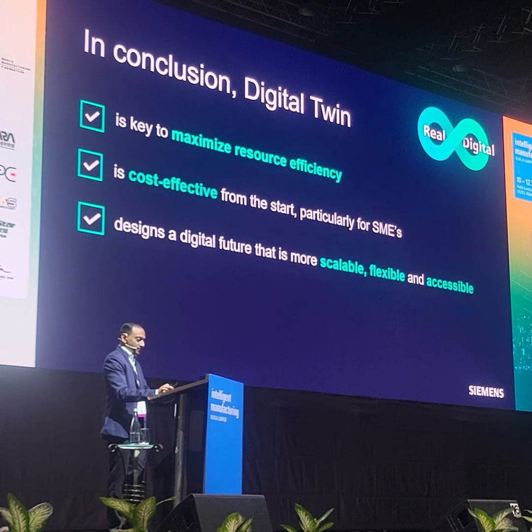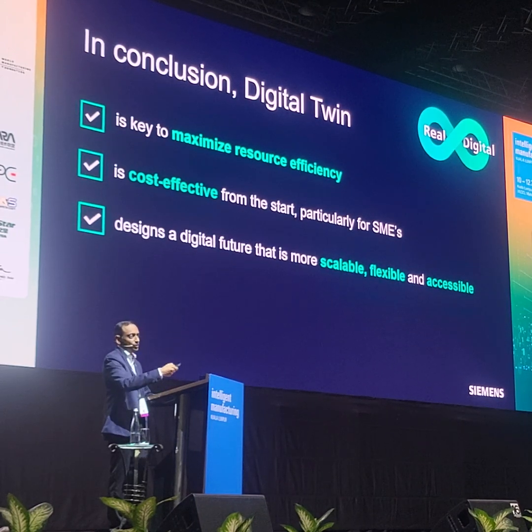And it designs a digital future that is scalable, flexible, and accessible. Scalable, sky's the limit. You can start with a use case today. With the example I spoke about the Gigafactory, they're scaling up the production very, very quickly. So they can start with one and just continuously add on the various production sites.